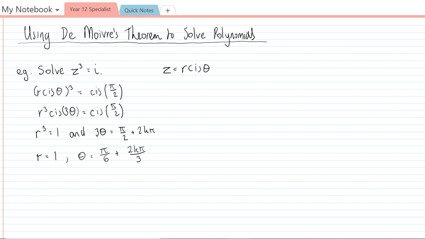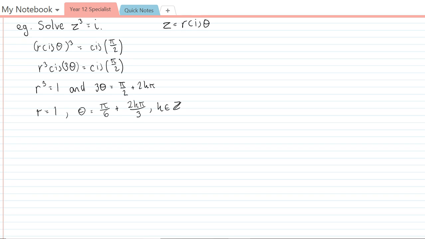So by having the plus 2k pi on 3 there, where k is an element of the integers, I've now accounted for the fact that we can go around the circle more than once. So what this means is that our solutions are of the form cis of pi on 6 plus 2k pi on 3.